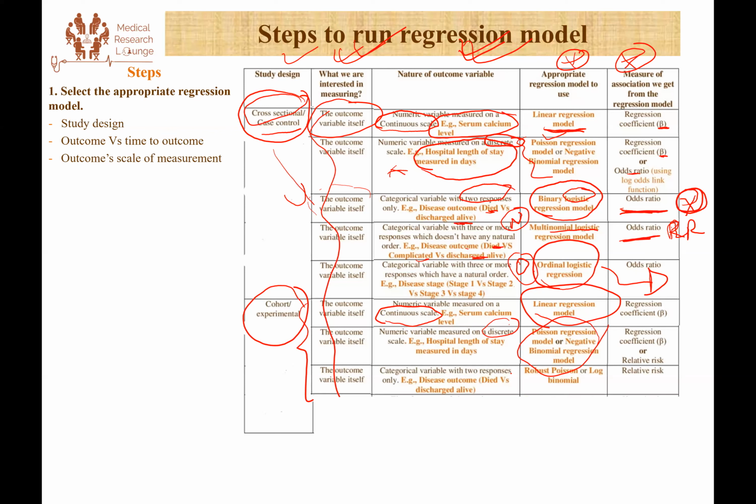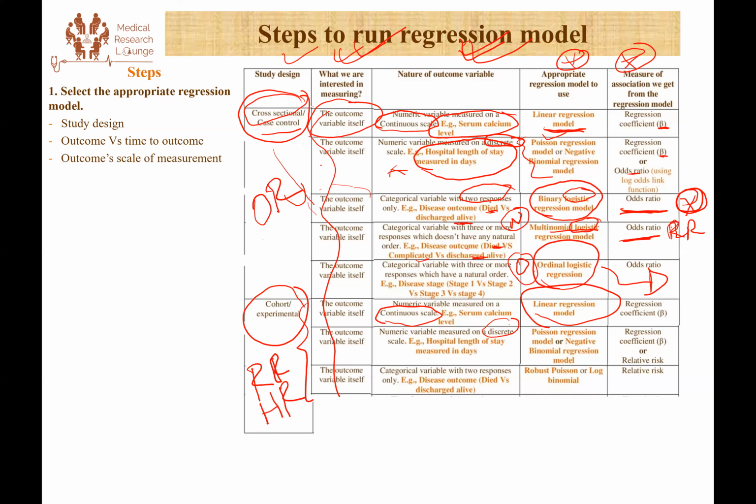In this case, what you use is not logistic regression. As I said earlier, logistic regression can give you only an odds ratio, not relative risk. But in cohort and experimental studies, what we want to get is either relative risk or hazard ratio, whereas in cross-sectional and case control, what we want is an odds ratio.